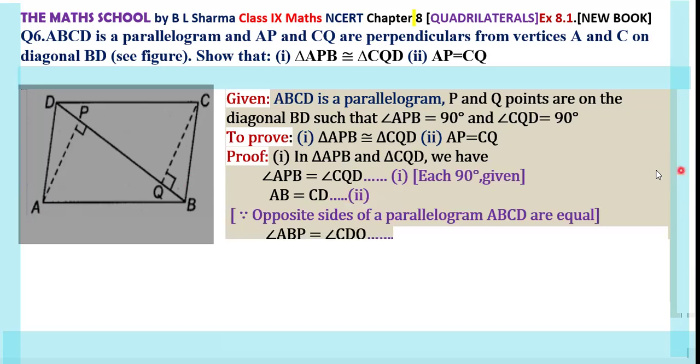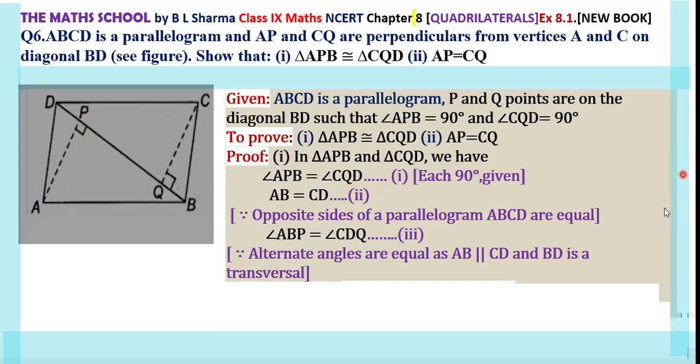And angle ABP, this angle, is equal to this angle, alternate angles. So triangle APB is congruent to triangle CQD. See how?